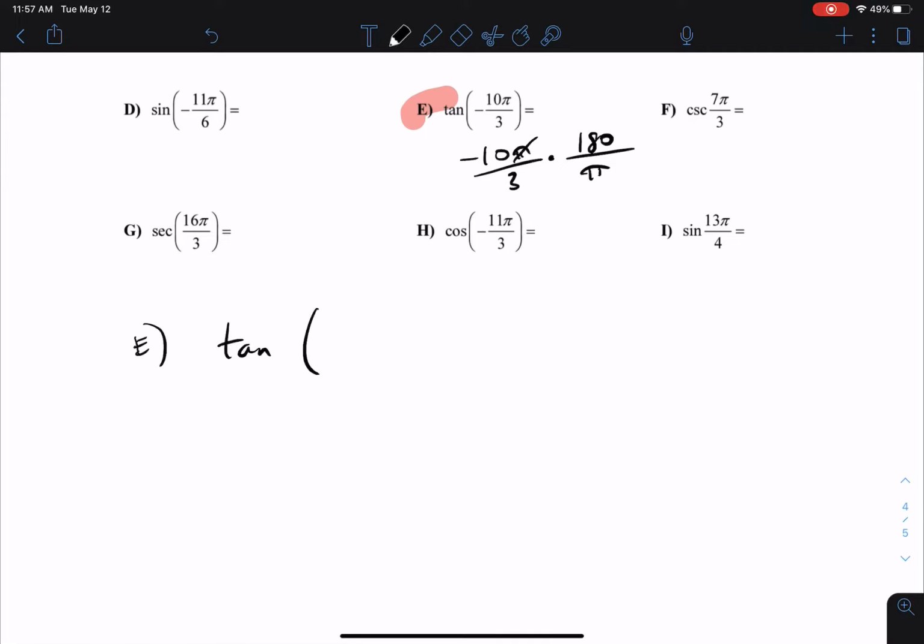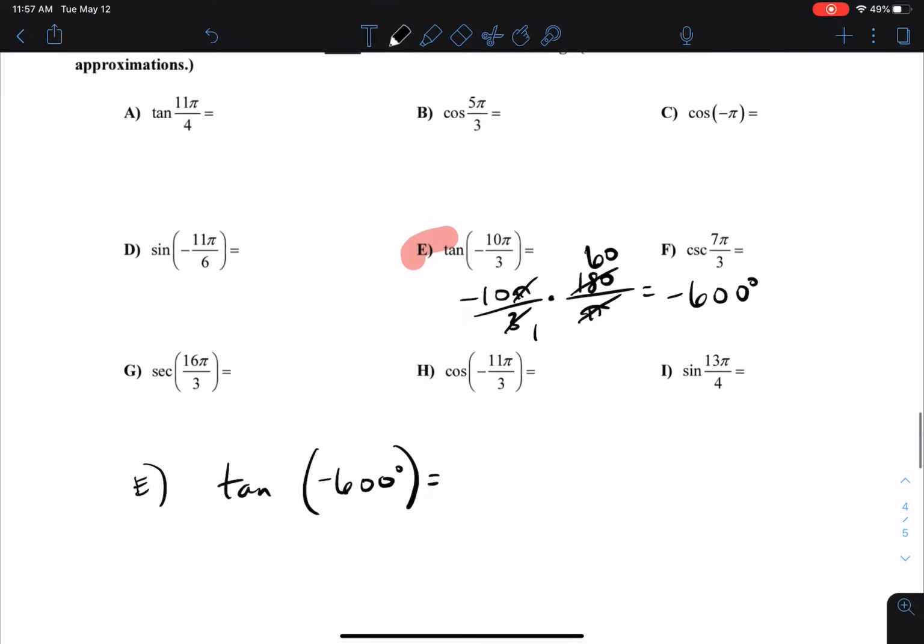The pi's cancel out, this cancels to 1, this cancels to 60. So you get negative 600 degrees. So I'm going in the negative direction, and I'm going to go over a full revolution.